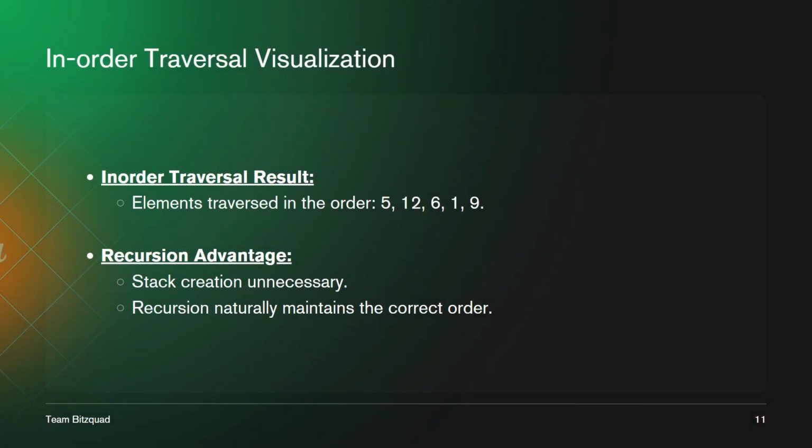After going through all the elements, we get the in-order traversal as this: 5, 12, 6, 1, and last we have 9. We don't have to create the stack ourselves because recursion maintains the correct order for us.